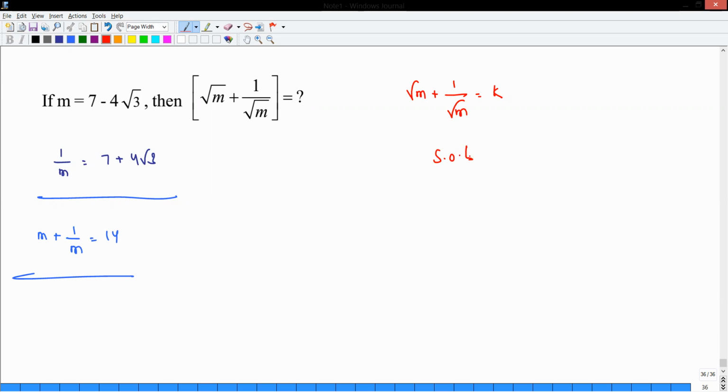Square on both sides. 2 into root m into 1 by root m, cancel, cancel. You have m plus 1 by m as 14 plus 2, 16. Therefore, k is equal to 4.